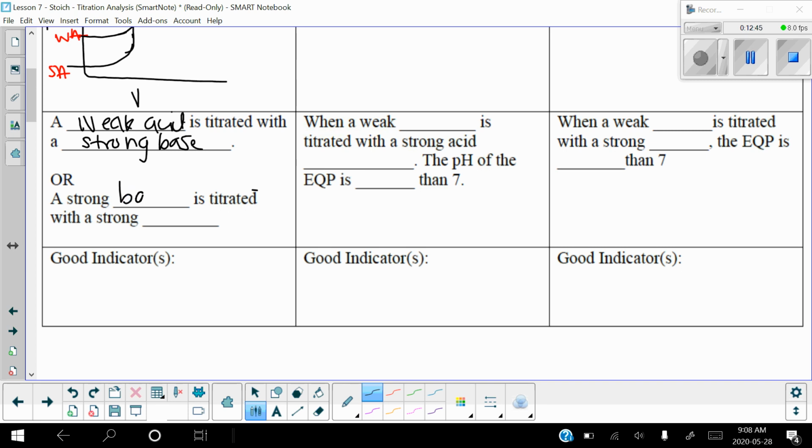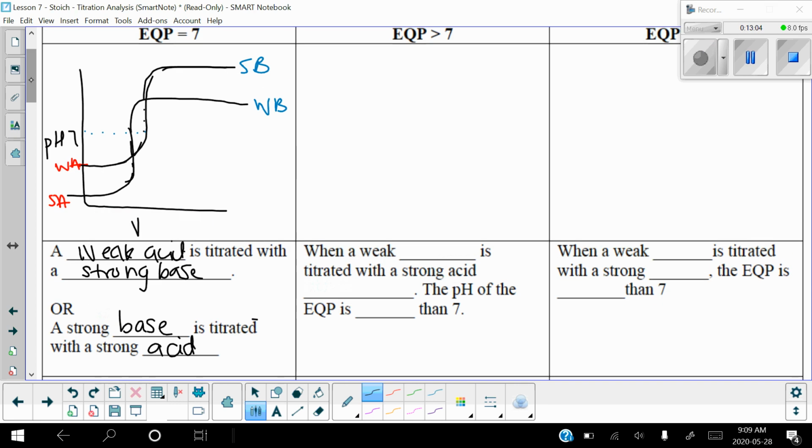Oh, and you can also have strong base and strong acid. And it can also be flipped around. Oh, sorry, I've made a mistake here. That should not be strong. That should be with a weak base. Give me a moment, I'm going to return with the right curve.